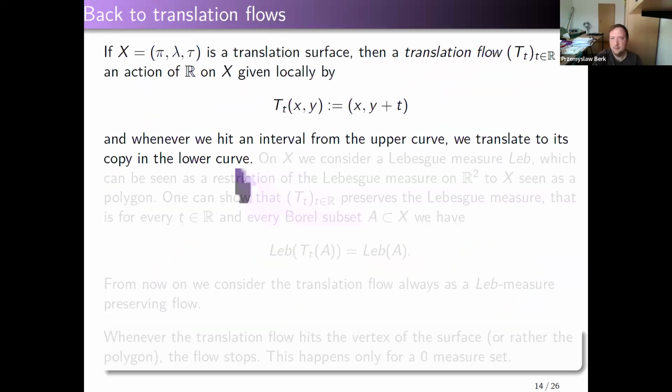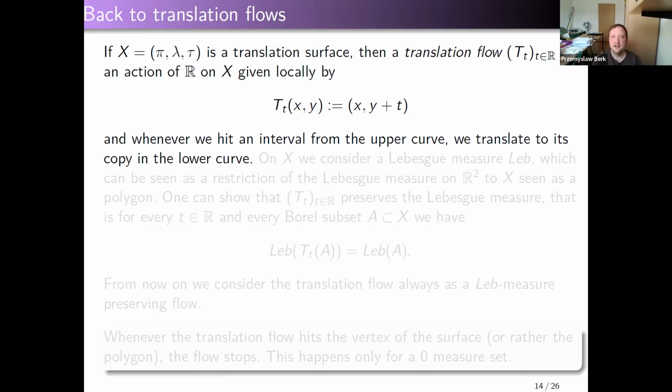Okay, so we are going back to the translation flows. Our translation flow formally is just a family of automorphisms T_t, where t is a real number. Since we are moving with unit speed upwards, we are just adding locally to local coordinates a translation by t, where t is the time.